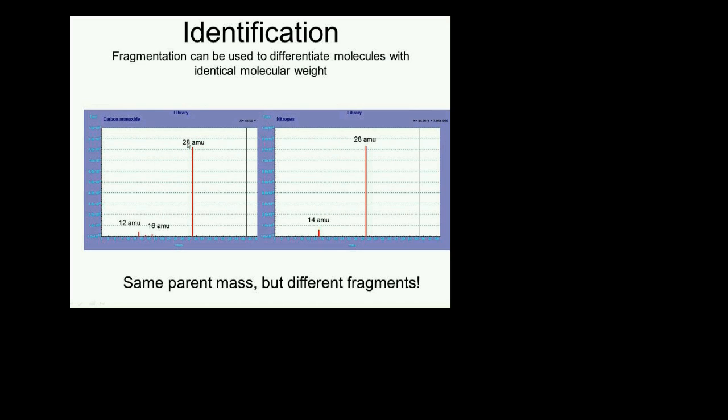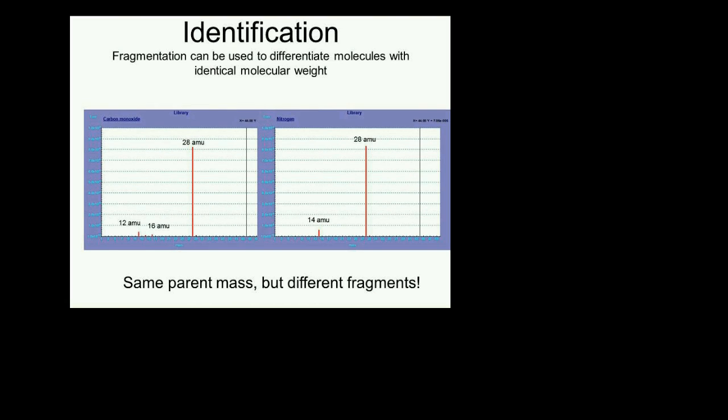So, whereas the two molecules, nitrogen and carbon monoxide, have exactly the same weight, they both fragment in a different way. So if I were to look at the spectrum, I see a peak at 28 AMU. And I would ask myself, well, is it carbon monoxide or is it nitrogen? How would I differentiate one from the other?